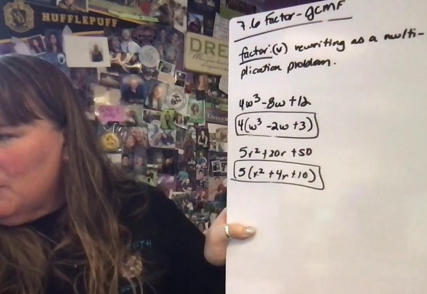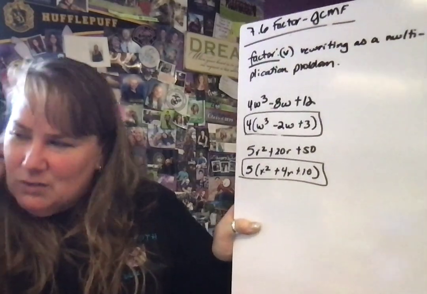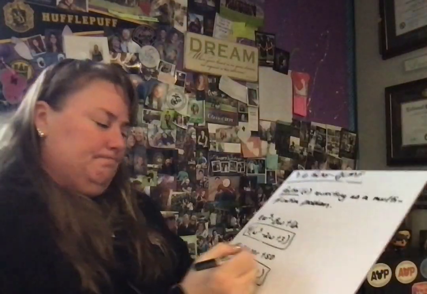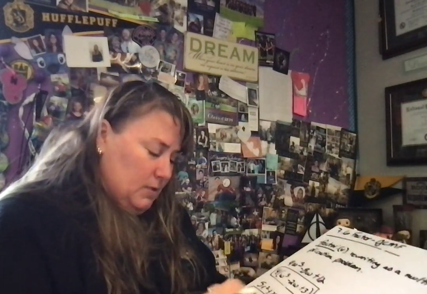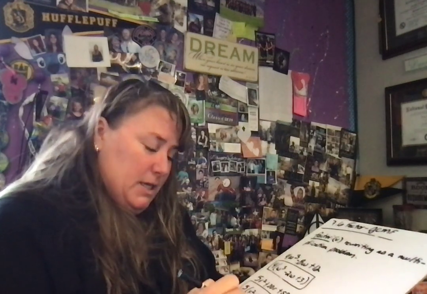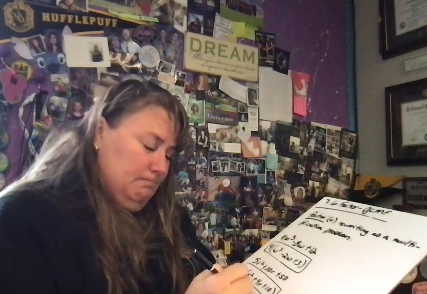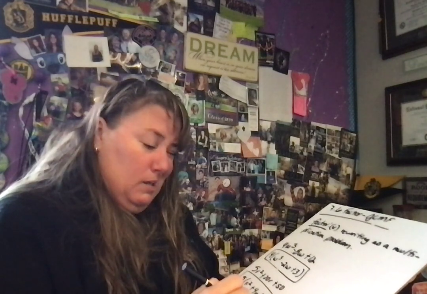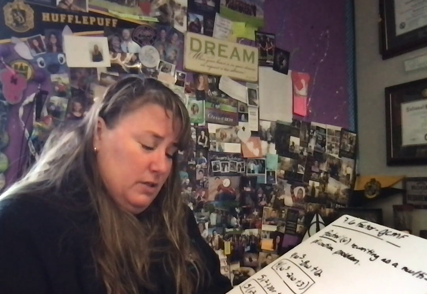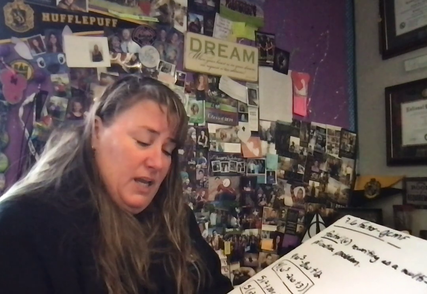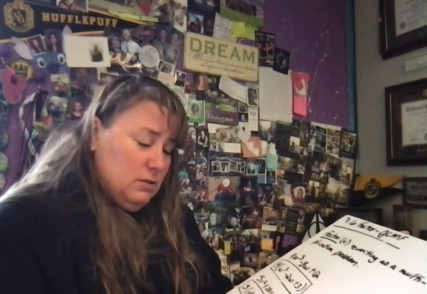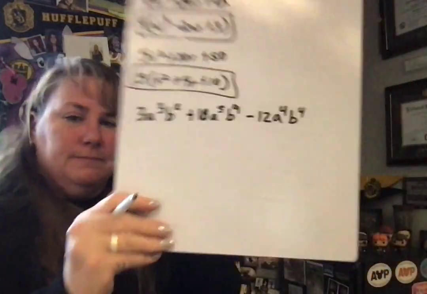All right, now time for multiple variables. Here we go. Let's go 3a to the third, b to the second, plus 18a to the 5th, b to the 9th, minus 12a to the 4th, b to the 4th.